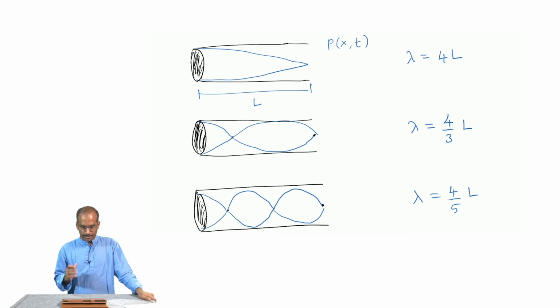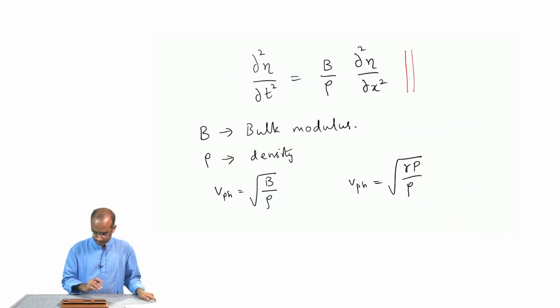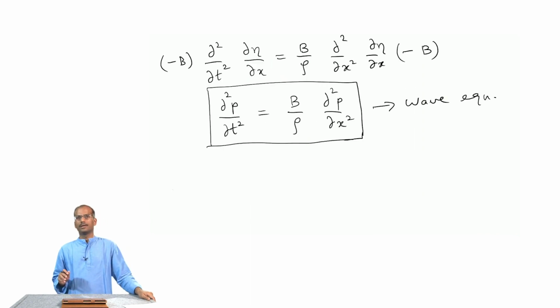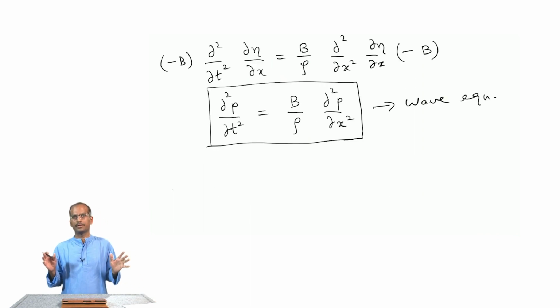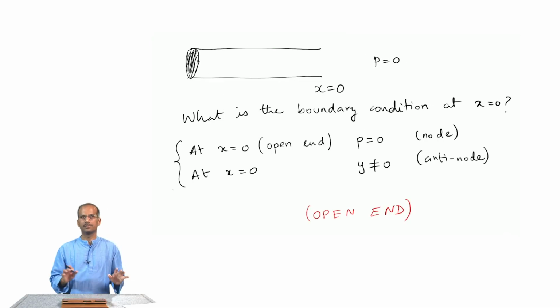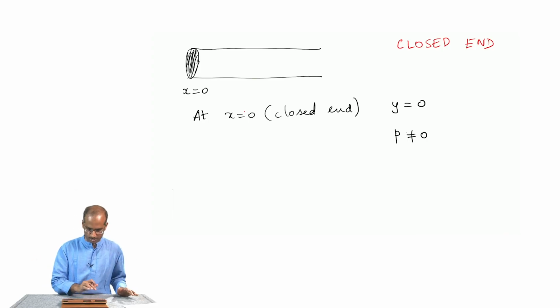So, the central idea that I want to convey here is that for the general case of longitudinal waves, we get a wave equation which is similar to the case of transverse waves, and we need to look at separately two possible cases. One is displacement and the other is the pressure difference, and we looked at what kind of boundary conditions would be suitable for both these cases, for open end and for closed ends.